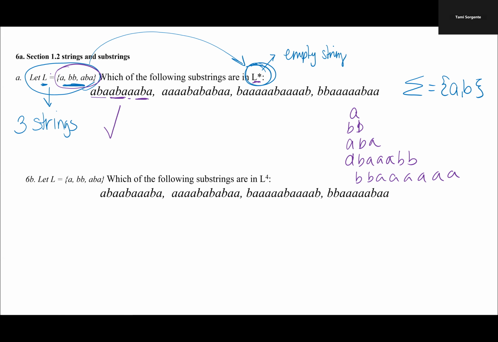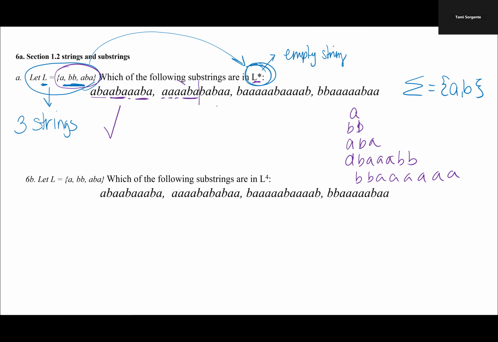Then I go here. I concatenate A with A with A with ABA. Now I got to a point where I have a B here. So this does not follow the rules of concatenating B, B, ABA.